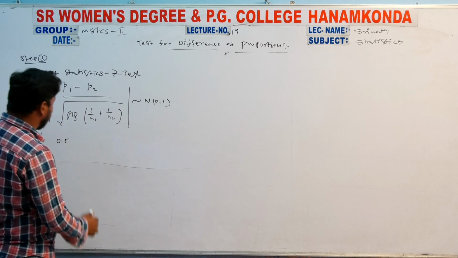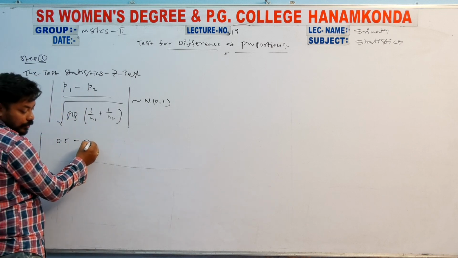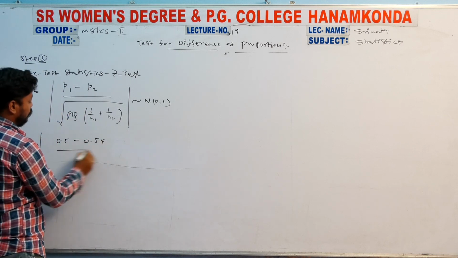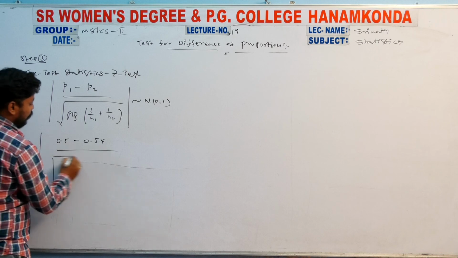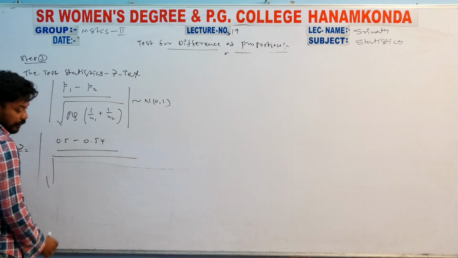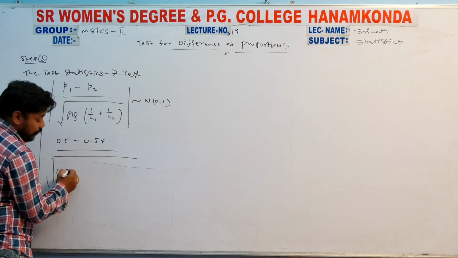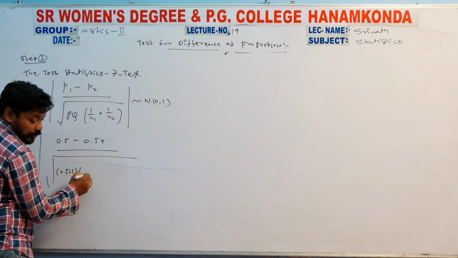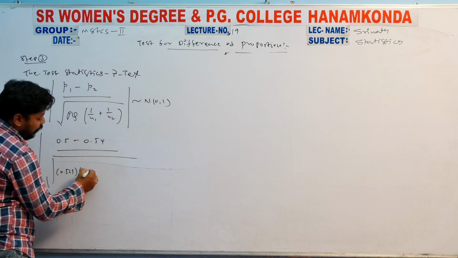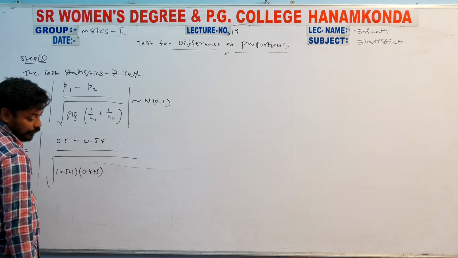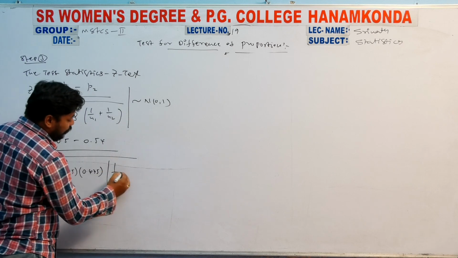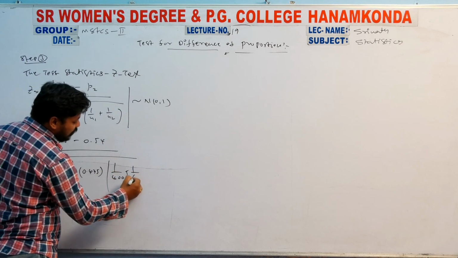The p1 value is 0.5 minus 0.54, and under root of the P value 0.525 into the Q value 0.475, into 1 by 400 plus 1 by 600.